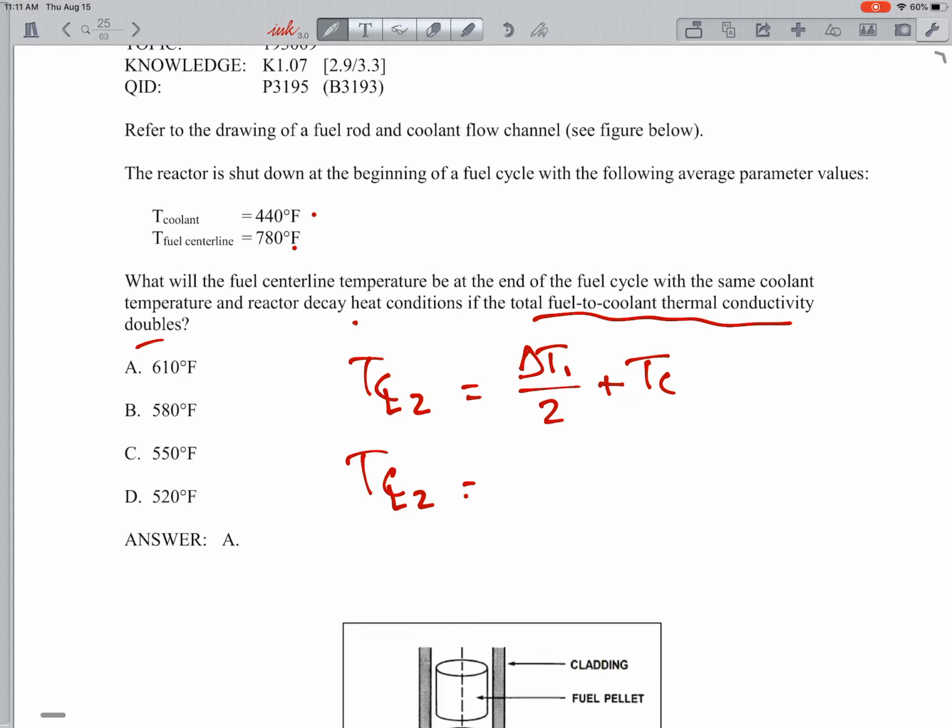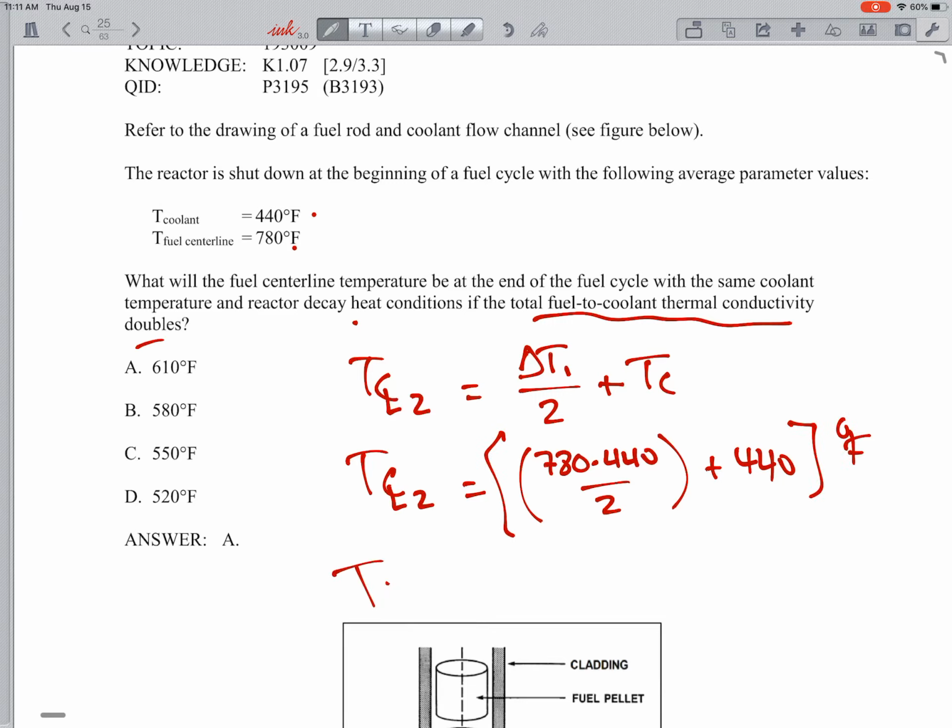Temperature center line 2 is going to be 780 minus 440 divided by 2 plus 440, and that is going to be in degrees Fahrenheit. I have 610 degrees.